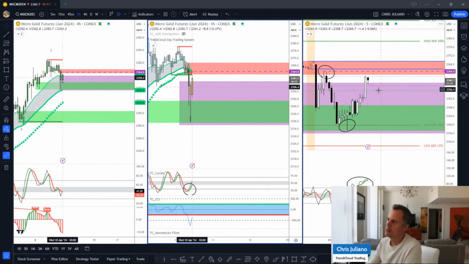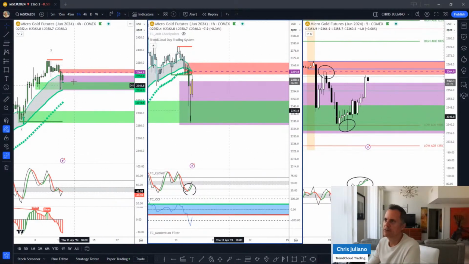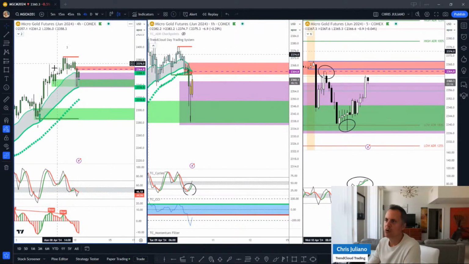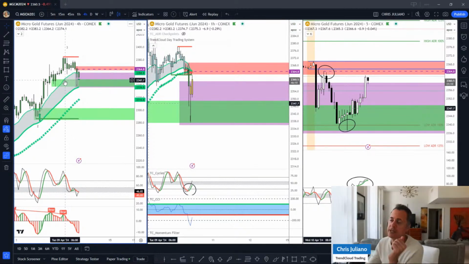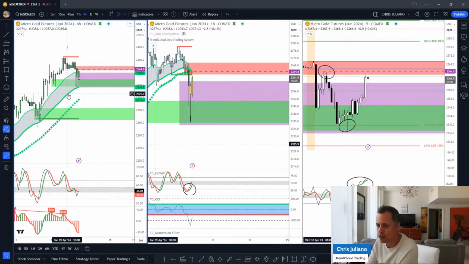So essentially, if we want to rejoin the upward trend, because we're following the context of the highest time frame, the context of this is up. Here's the uptrend. I don't think anybody's really shorting gold, with the way the account is.